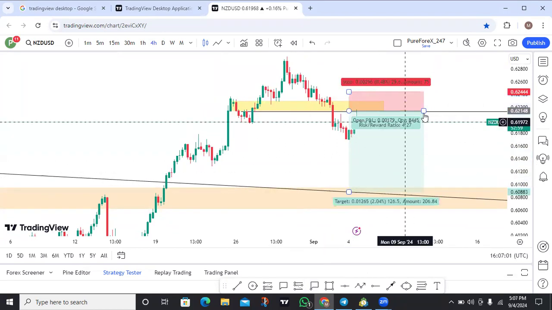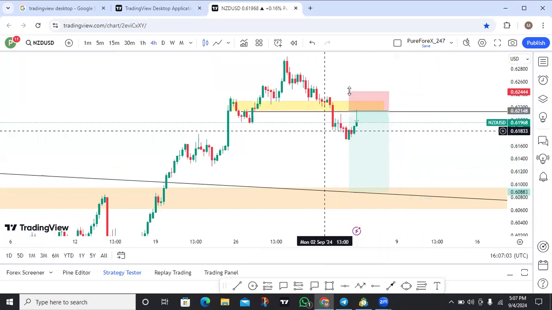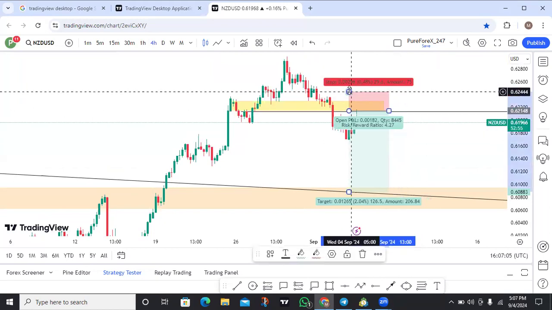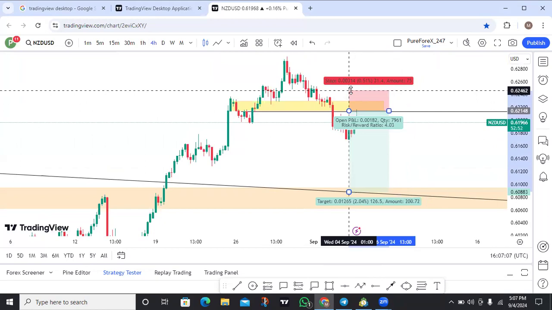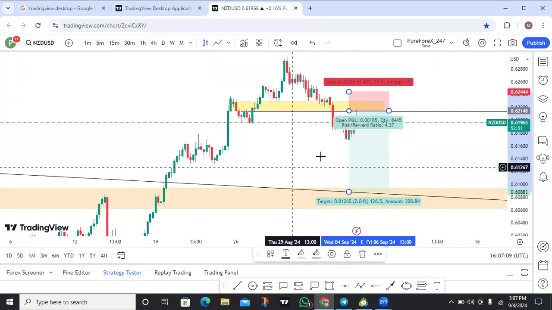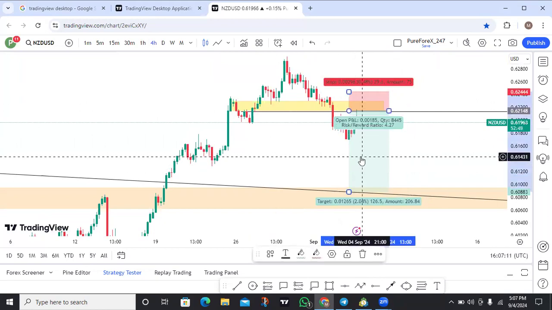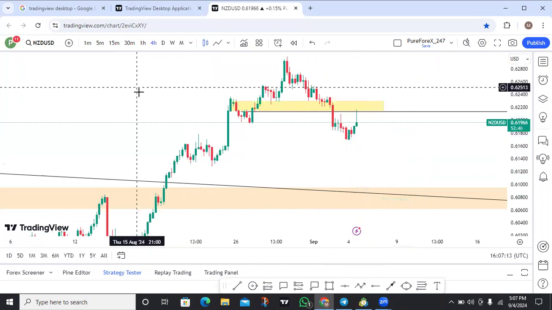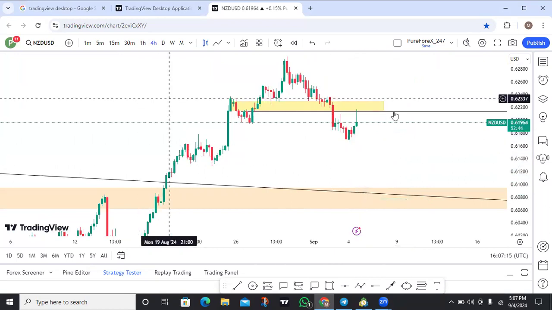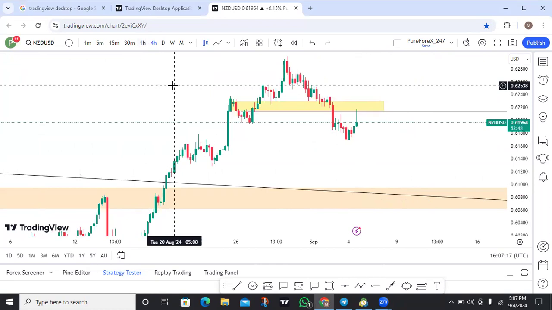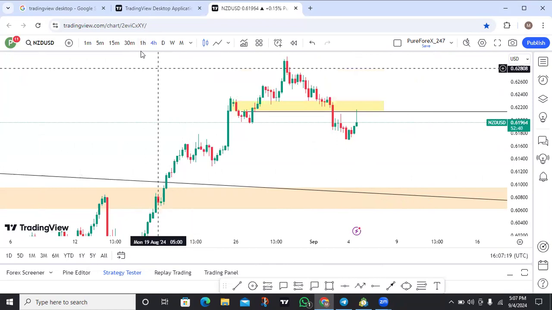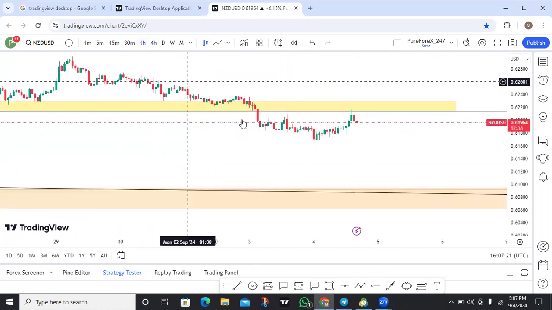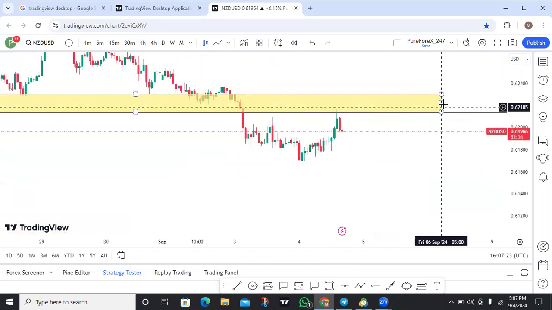So this is like 4%, right? But for us who value risk to reward ratio, we can hold this trade for a good risk to reward, right? So I can also enter based on this point.